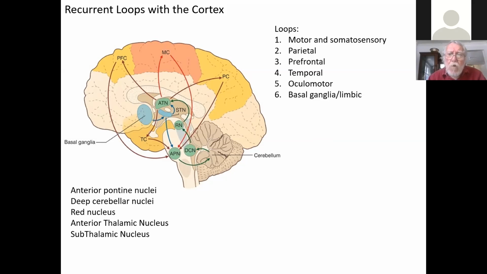We then see the parietal lobe playing a very, very important role in modulating output. And what you can see here is that the parietal lobe is going to have a lot of input coming from anterior thalamic nuclei, both the anterior ventral and dorsal medial nuclei, and then that then controls the anterior pontine nuclei.